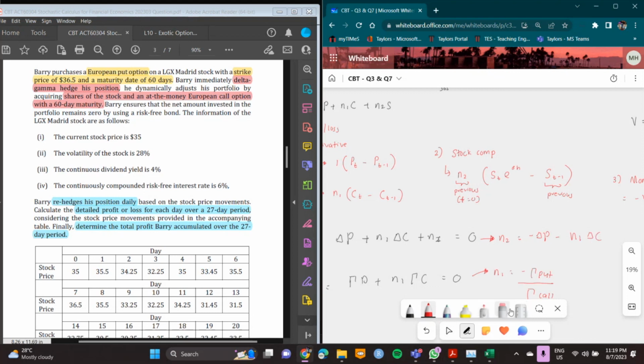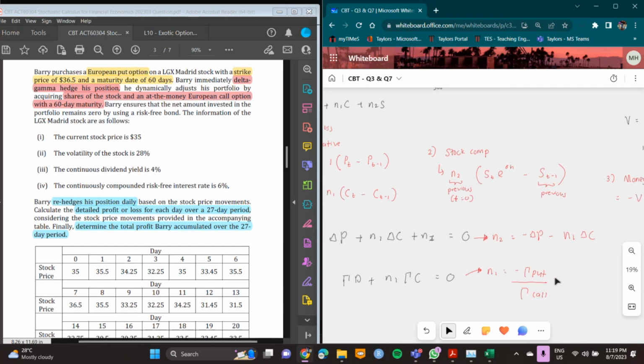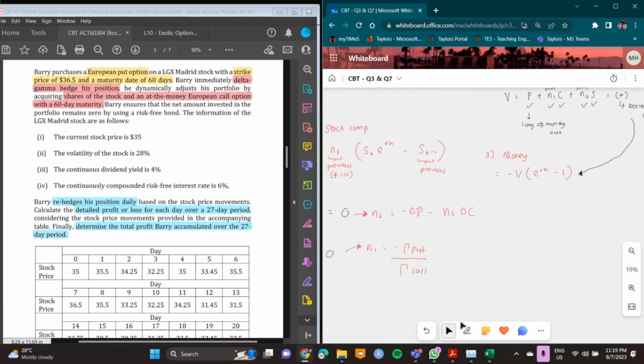So we can use this in order to find the answer for N1 and N2. But for that, of course, you also need to know the formula of delta put, delta call, and also the formula of gamma put and gamma call.